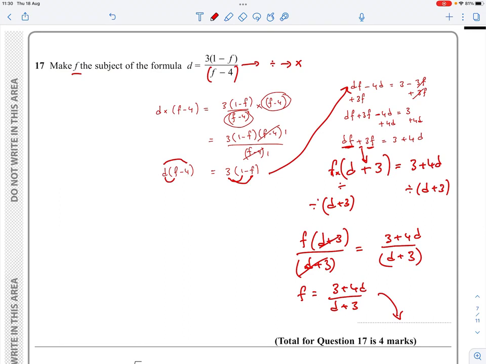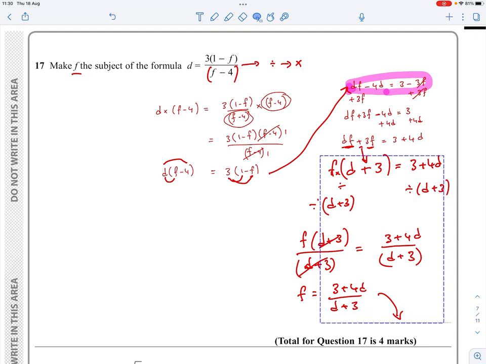You could have approached it differently, of course. From a previous stage, you could have sent the 3f, kept the minus 3f on the right hand side and sent the plus df to the other side.